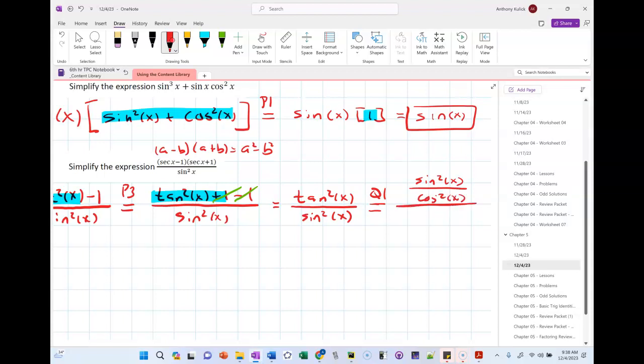So notice that our identity for Q3 says tangent is equal to sine over cosine. We have tan squared. Is that a problem? No, right? So tan squared is just going to be sine squared over cosine squared. Like tan to the n would be sine to the n over cosine to the n. And you can do that for all the reciprocal and quotient identities.